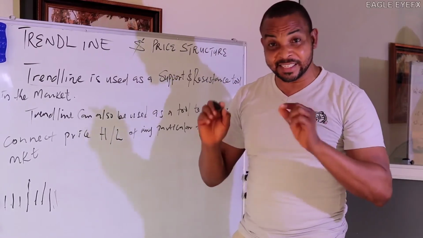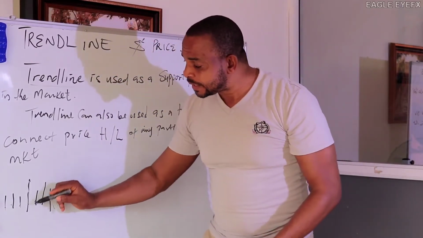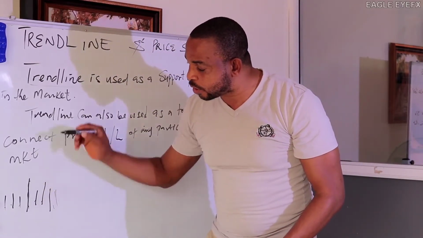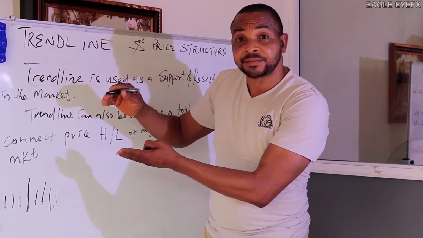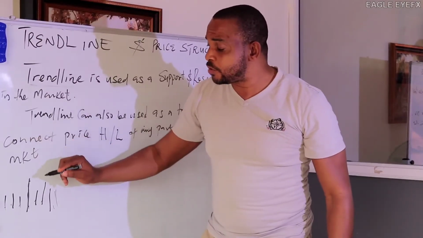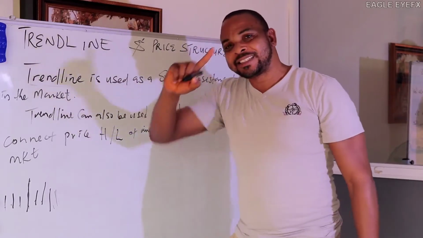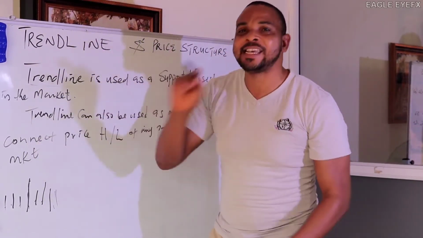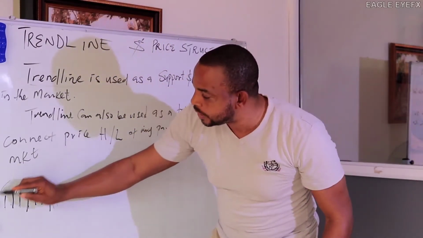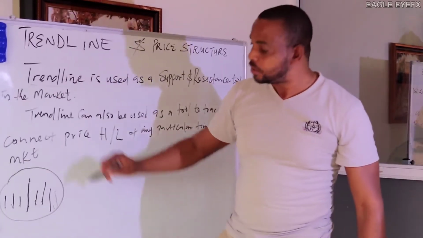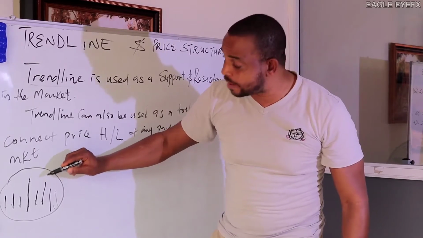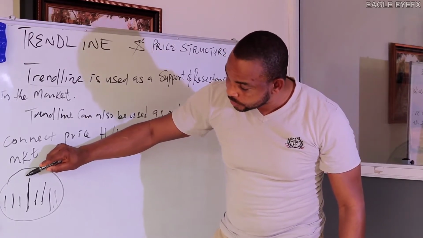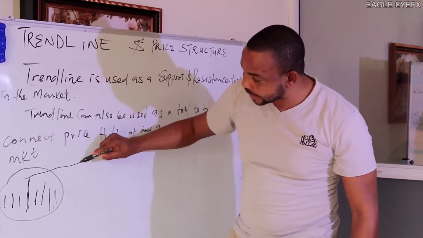But what we need is the higher one, that is where you are going to place your trend line. So you are not going to put it anywhere other than the highest in that cycle. Let's say among all these candles, the highest one, that is where you are going to put your trend line. Can you see?